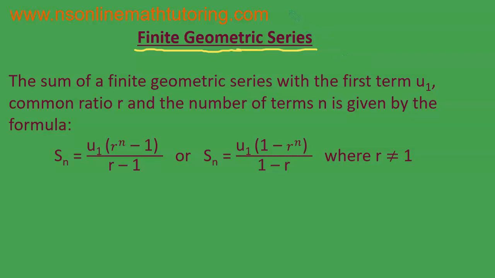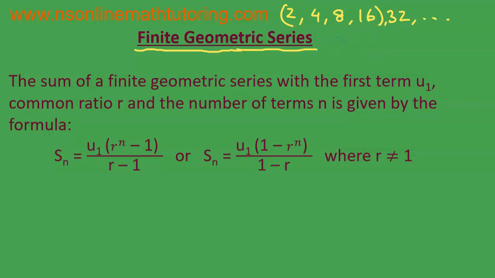Suppose we are having this geometric sequence 2, 4, 8, 16, 32, dot dot dot. This is an infinite geometric sequence. And I want to find the sum total of the first 4 terms of this infinite geometric sequence.